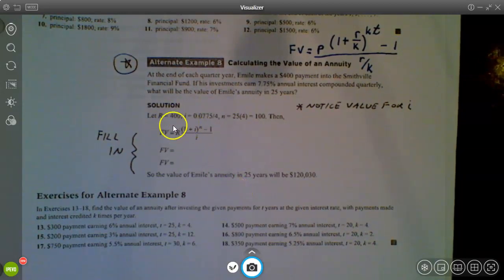So here's the way they wrote their formula. I translated some of that for you. The I represents right here the rate divided by your compounding periods. So it's the same as what we had before, right? And just like their N represents periods of time times compounding periods, that's how we saw it in the previous formula. And then they have this extra piece.